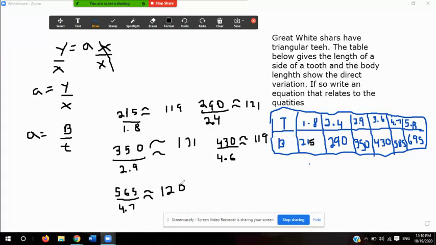And let me do this real quick. And 695 and 5.8. Let me just do this and then I'll explain what I'm trying to say. 695 and 5.8 is approximately 120.